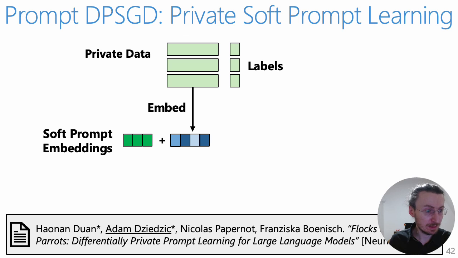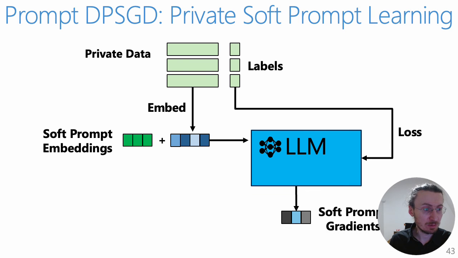Once we have that, in the next step, we run this new input through the model, in this case being a large language model, and then we compute loss as usual based on the labels for this private data. Once we have this loss, we can then compute what are the gradients for the soft prompt.